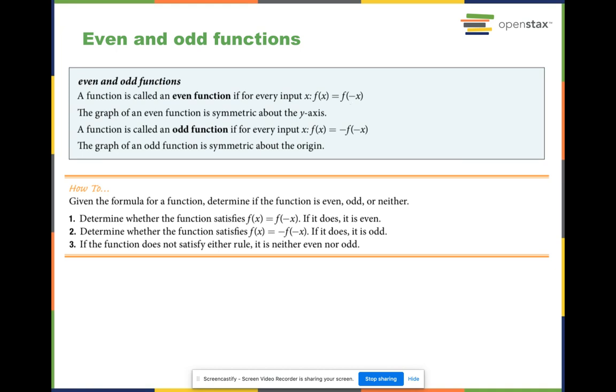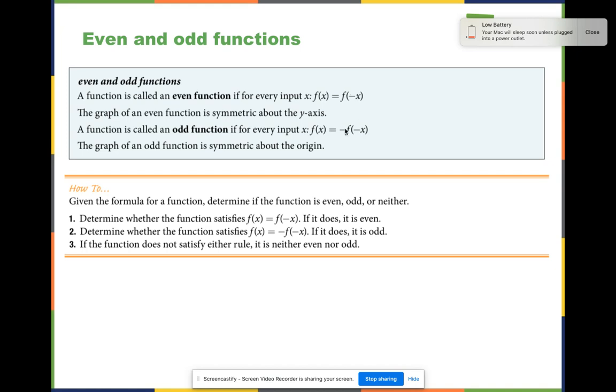If you fold the function in half across the y-axis, it will match up. That is an even function. A function is odd if f of x equals negative f of -x. So that means just what we talked about with x cubed. If you do a horizontal reflection and then a vertical reflection, you get the same function back out.